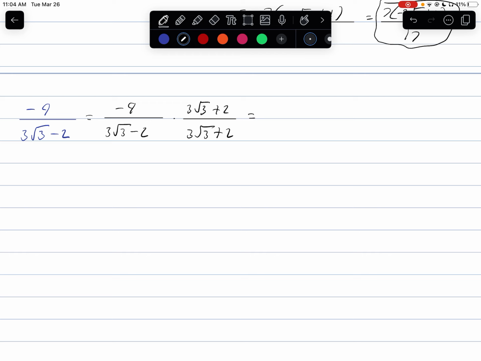So here, we can go ahead and simplify the numerator. If we have negative 9 times 3 times the square root of 3, that's going to give us negative 27 times the square root of 3, and we'll have minus 18. And then if we notice that this is A and this is B, we have conjugates here, so the denominator becomes 3 times the square root of 3 squared minus 2 squared. We'll end up with negative 27 times the square root of 3 minus 18 over 9 times 3 minus 4, which is going to give us 27 minus 4.